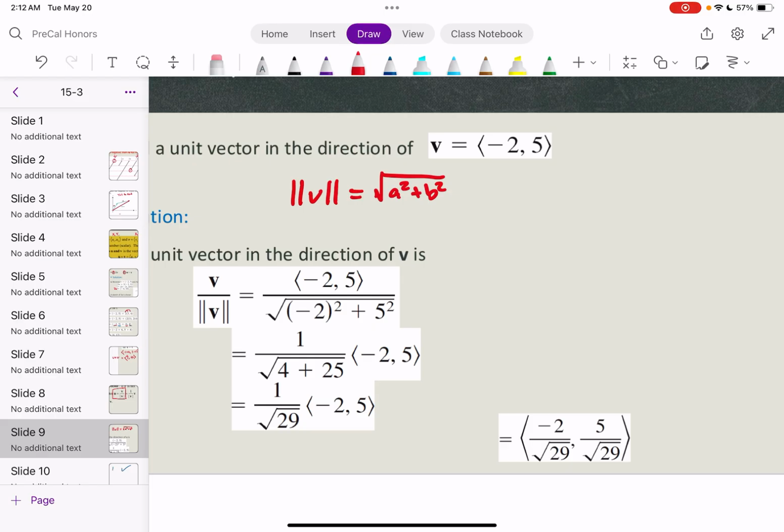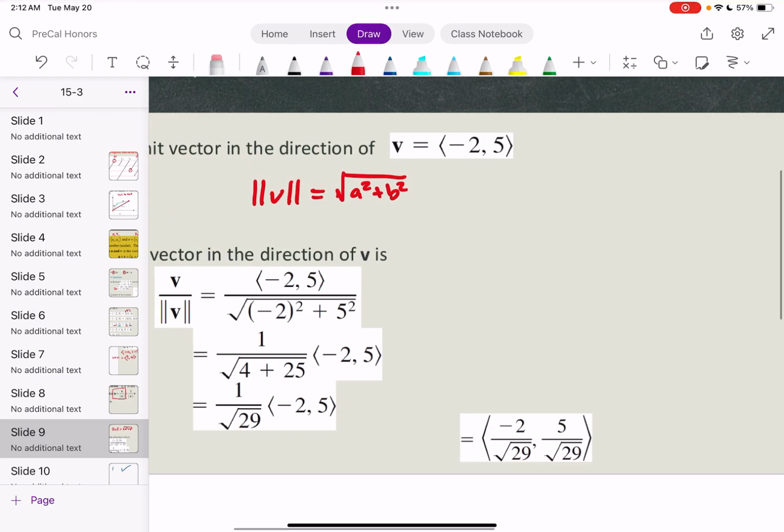So as we start finding out what this problem is going to look like once we're told that we have to find a unit vector that goes with the direction of that specific vector, we first place our vector in the top of our fraction.